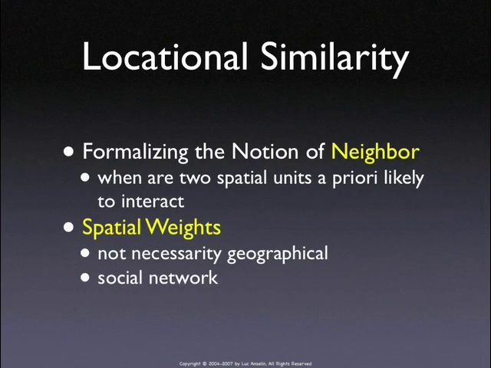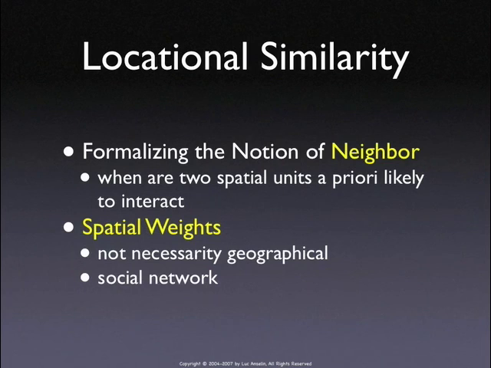It could be neighbors in a social network, who you interact with. If you're looking, say, at voting results, is your voting influenced by the person who lives next door or by the person you happen to talk to at work? That is a spatial neighbor concept versus a social network neighbor concept. And there's some interesting work along these lines dealing with gang behavior.